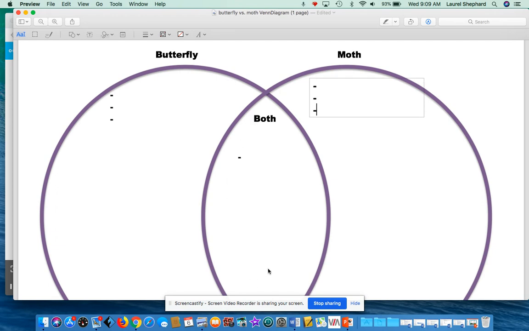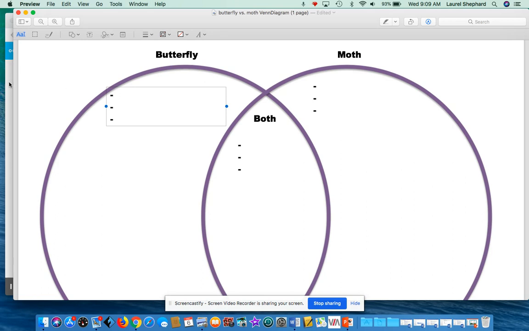And in the part where the two circles overlap in the middle, this is where you can take jot dots about both of them. How are they the same? I am showing you by typing on my computer because that is how I am showing you this lesson. Of course, at home, you can write with a pencil or a pen.